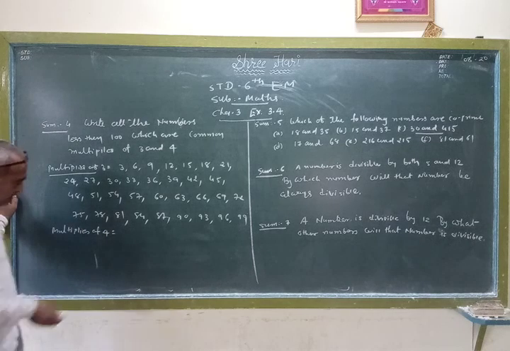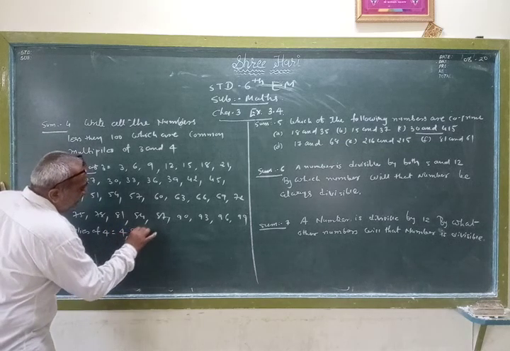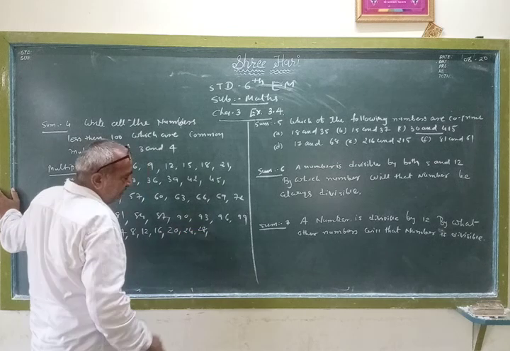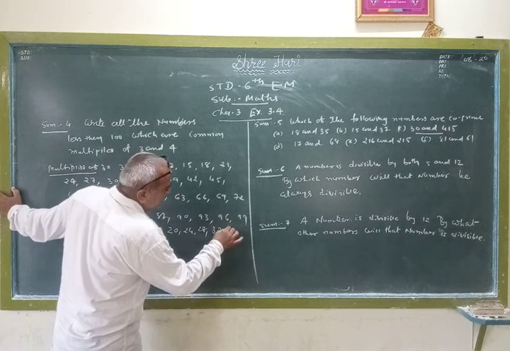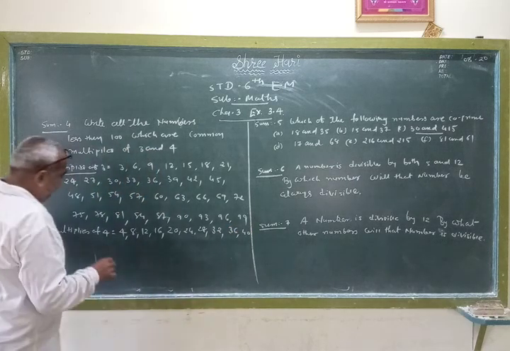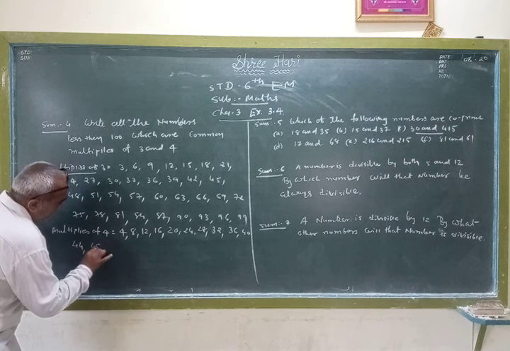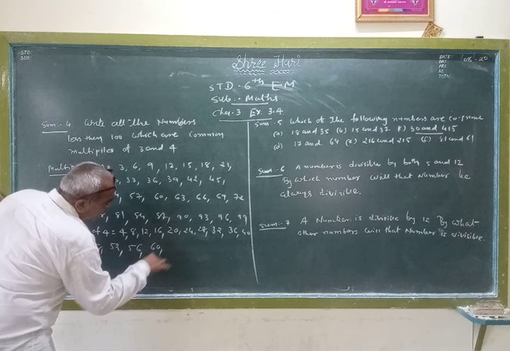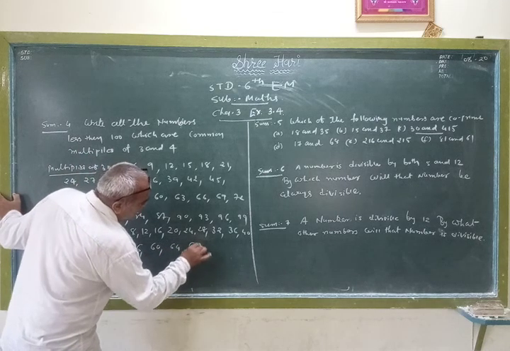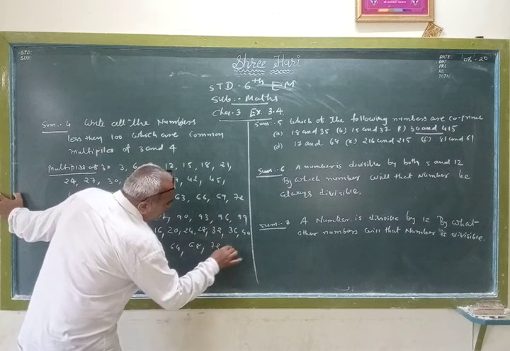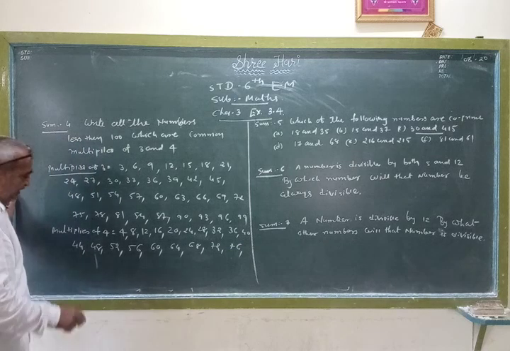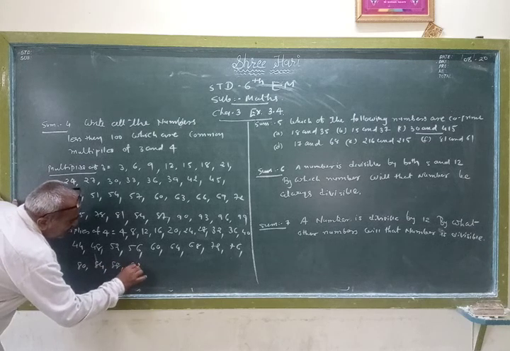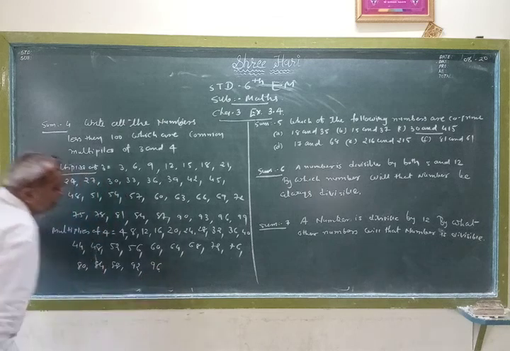Then 4, 8, 12, 16, 20, 24, 28, 32, then 36, then 40, then 44, then 48, then 52, then 56, then 60, then 64, then 68, and 72, 76. After 76, 80, 84, 88, 92 and 96.